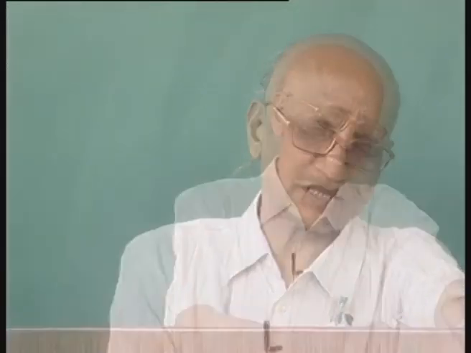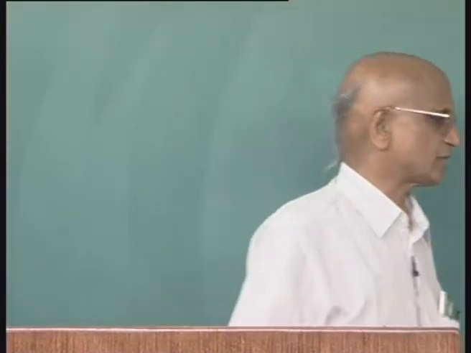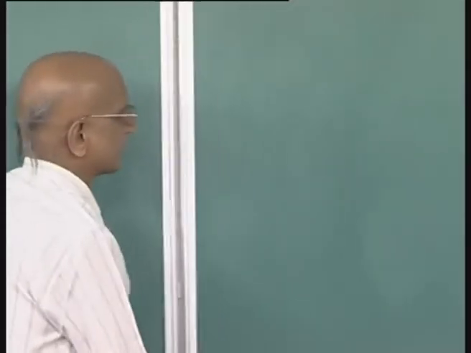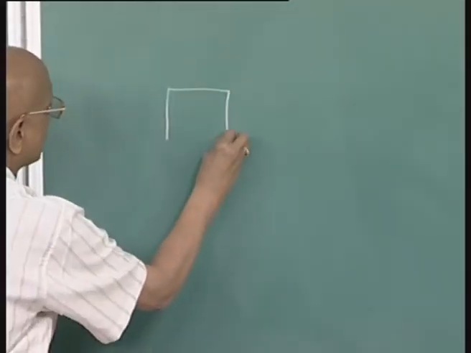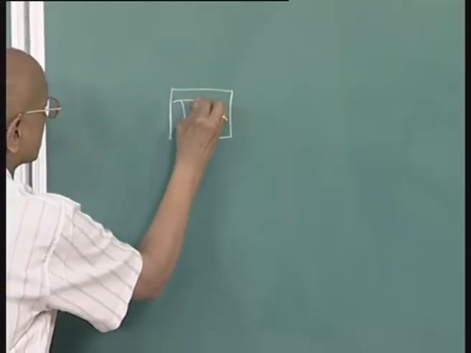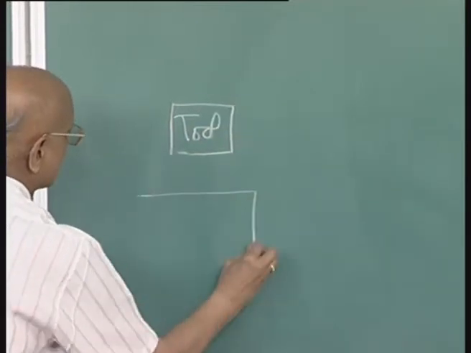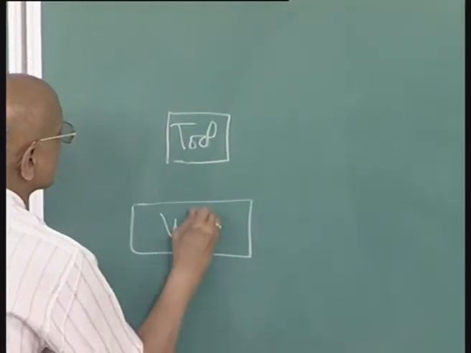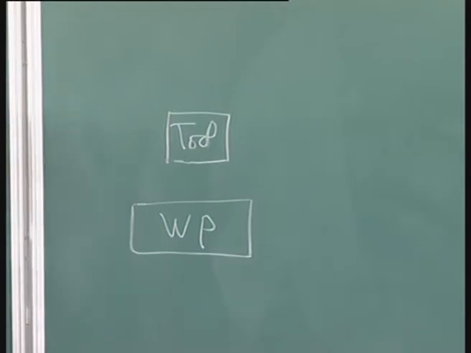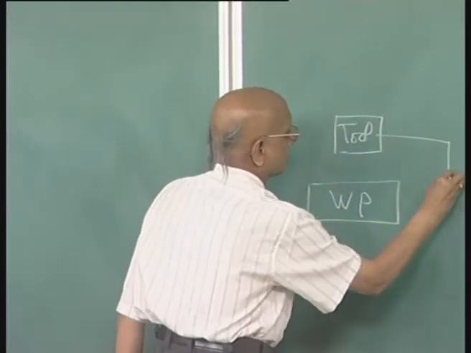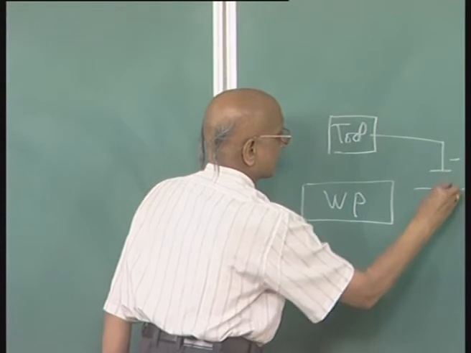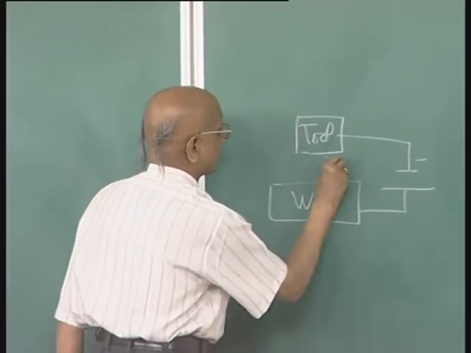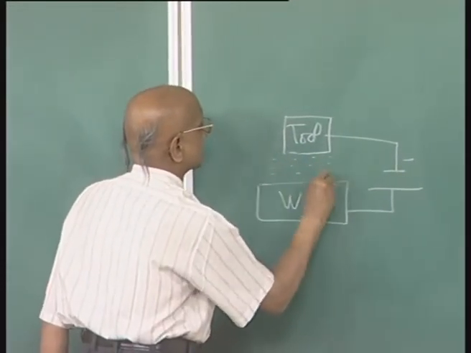In case of electrochemical machining processes, what we are doing is making a tool and a workpiece. This is the tool and this is the workpiece, and we are connecting them to the power supply, negative and positive, and flowing the electrolyte in the interelectrode gap.